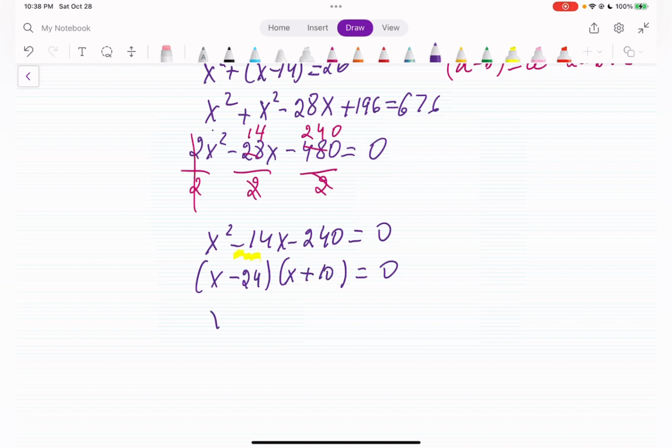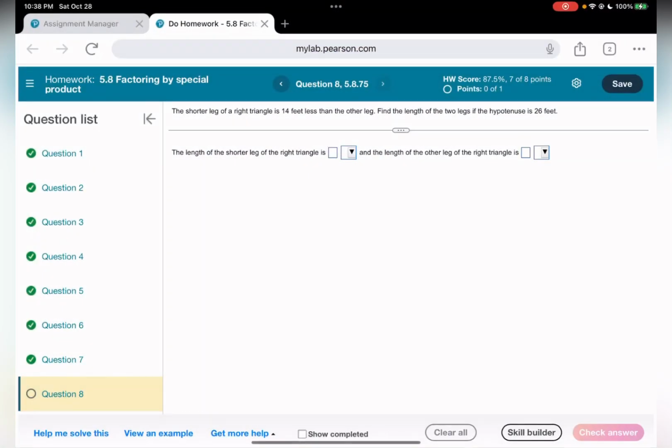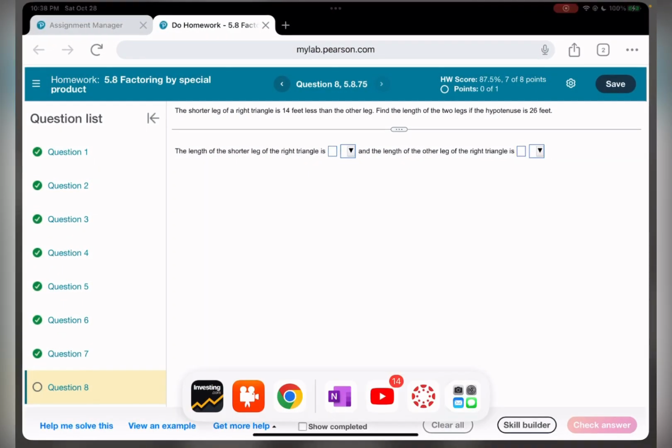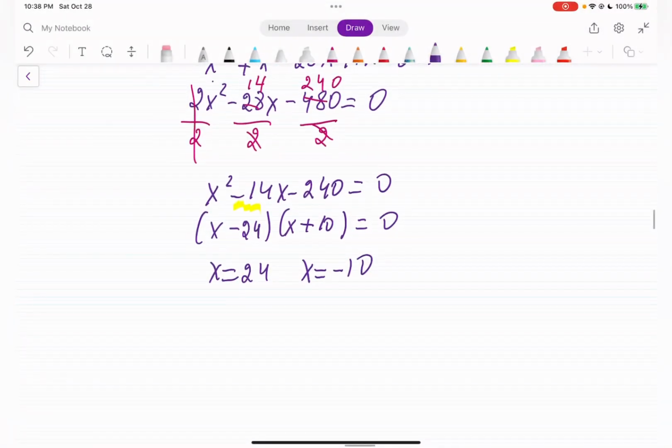From here, x is equal to 24 or x is equal to negative 10, right? Oh, I forgot that we are solving a problem. Okay, so negative 10 we cannot consider as a solution because we don't measure in negative.